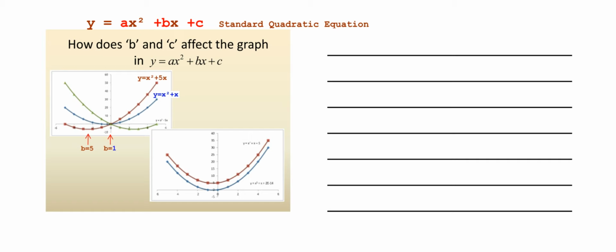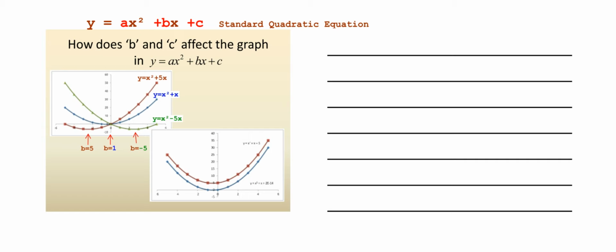So the b value is technically 1 for that one, and it's basically sort of centered by comparison. Okay, next case scenario, the green graph, y equals x squared minus 5x. And let's realize that the b value is negative 5. Once again, I'm not telling you that the vertex is 5, 1, or negative 5. I'm just stating what the b value is for each of those equations.